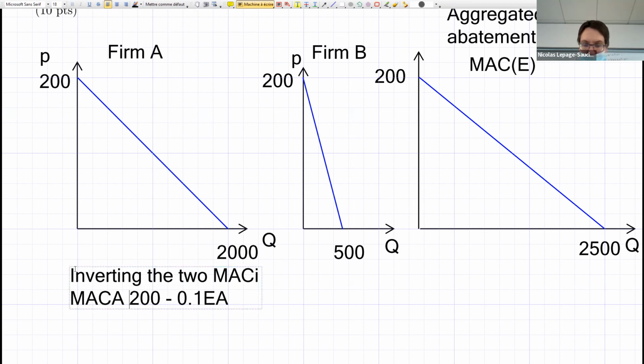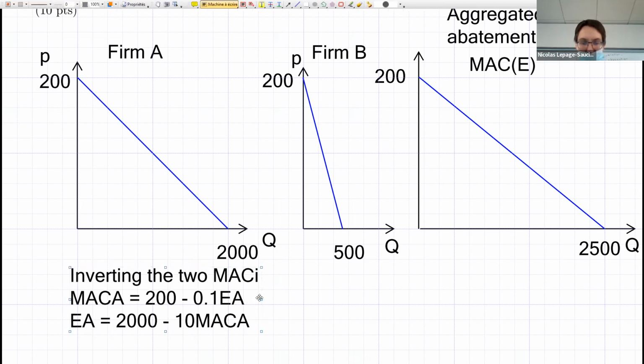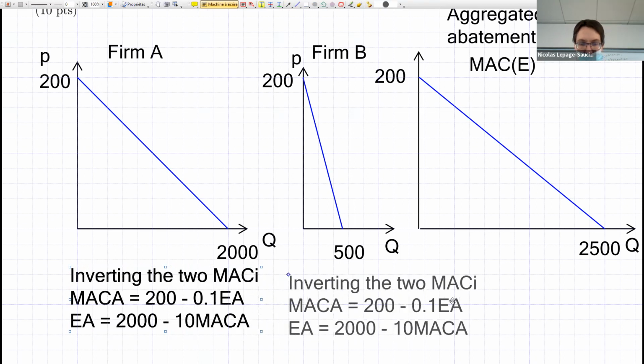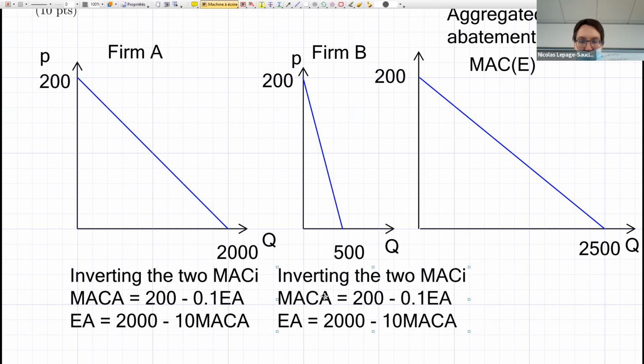MAC is 200, and so I get that. So let's multiply by 10. So I get 2,000 minus 10 E. And yeah, so I get that thing.